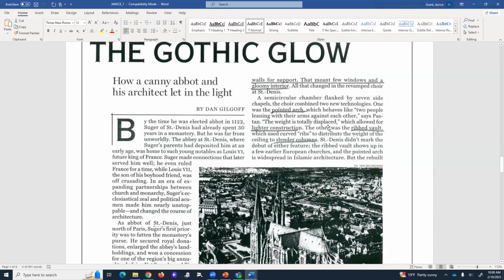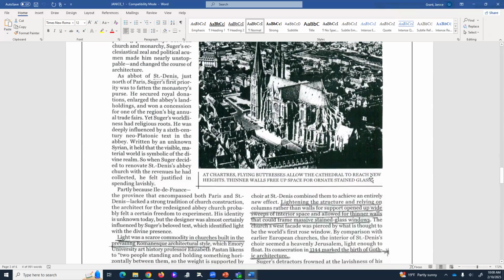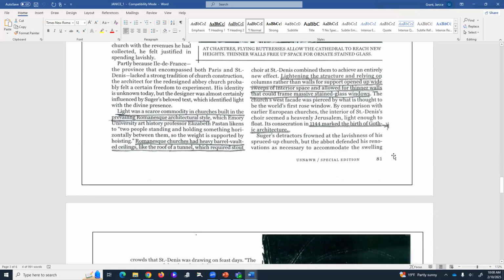So now we see the Gothic opening that up to the pointed arches, the lighter construction, the slender columns, the ribbed vaults. And look at those flying buttresses as well. They're really beautiful. Allowing for the massive stained glass designs.